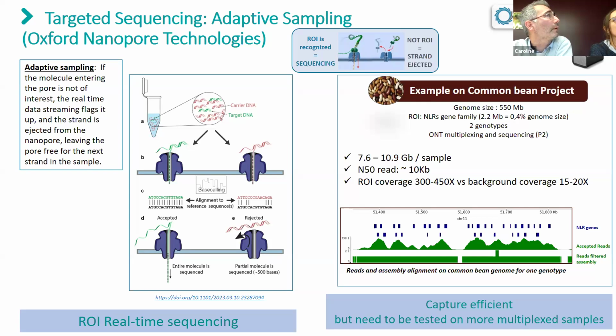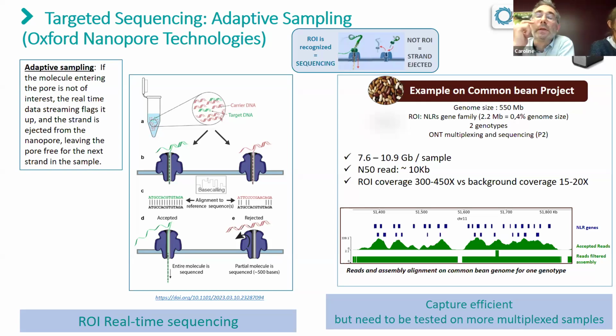And if the sequence that is sequenced does not correspond to your reference sequence, it rejects the DNA. So at the end, you are supposed to obtain only a sequence that corresponds to your region of interest.